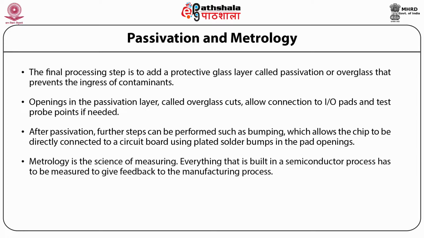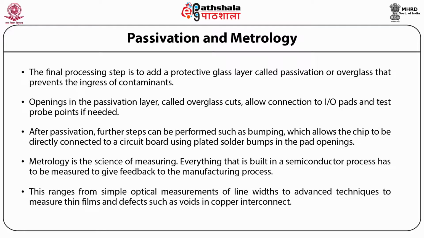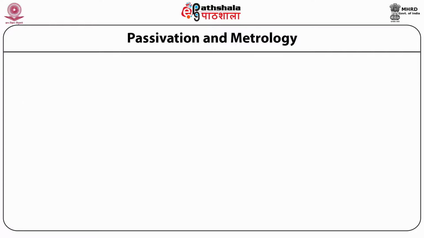Next is metrology, which is the science of measuring. Everything that is built in a semiconductor process has to be measured to give feedback to the manufacturing process. This ranges from simple optical measurements to advanced techniques to measure thin films and defects such as voids in copper interconnect.